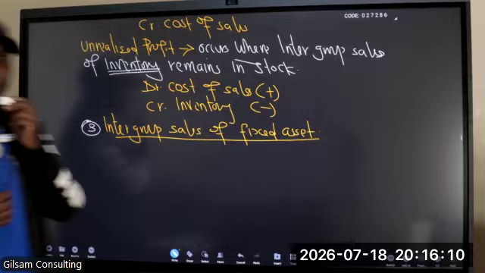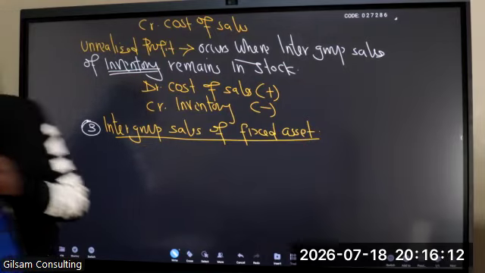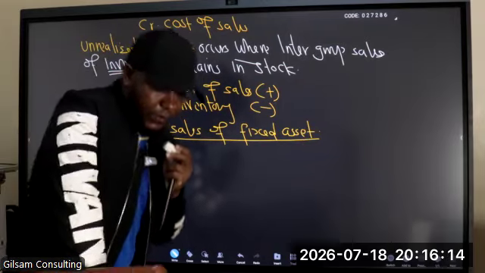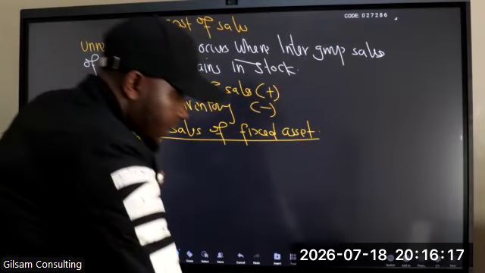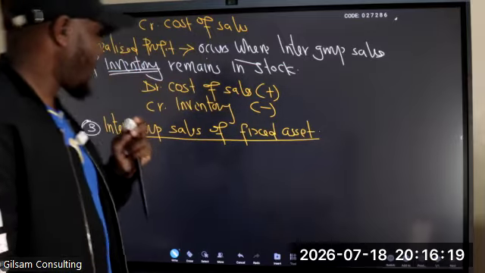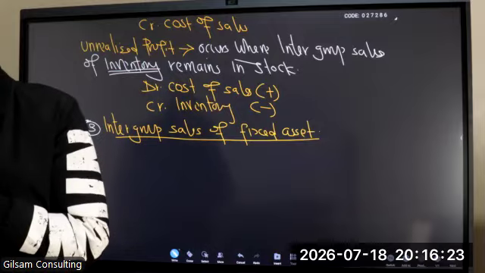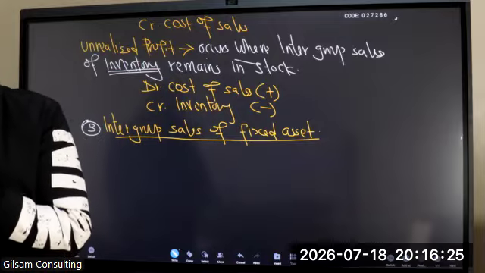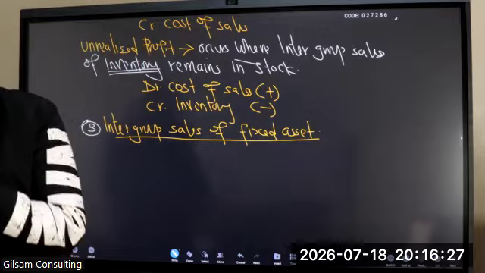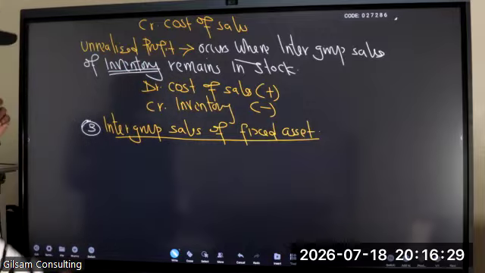For the intergroup sales of fixed assets, say this is the sale of a fixed asset by one group company to another.